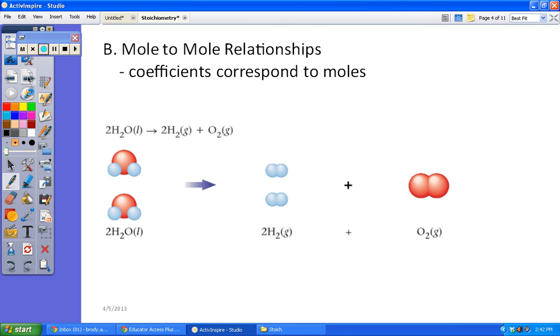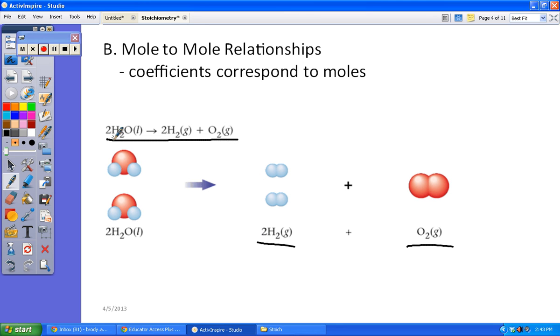So we talk about mole-to-mole relationships. The important thing to understand here, this is a picture drawing. If we were to take water, and you can run electricity through water, what you get then is 2 different gases: a hydrogen gas and an oxygen gas. So the balanced reaction is right here.